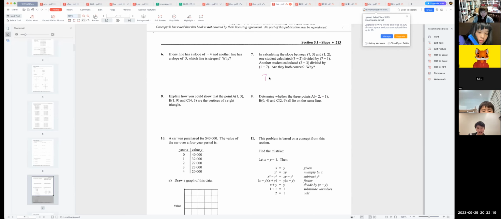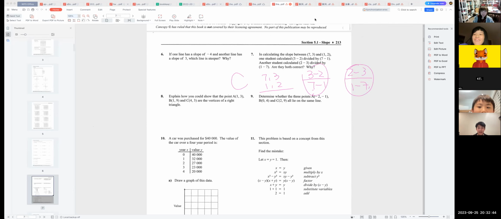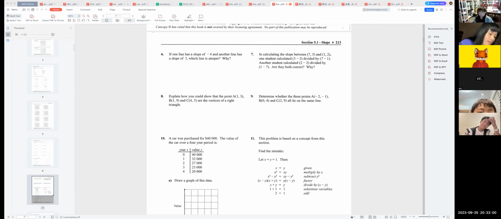We have (7, 3) and (1, 2), right？那很简单，那就是3减2 over 7减1，或者呢，2减3 over 1减7，对不对？3减2除以7减1，对了。2减3除以1减7，也对了。所以2个小朋友都对。So the answer is C. 小 K，我给你一个建议，你做题的时候你要老老实实的，x1 equals 7, y1 equals 3, x2 equals 1 and y2 equals 2.